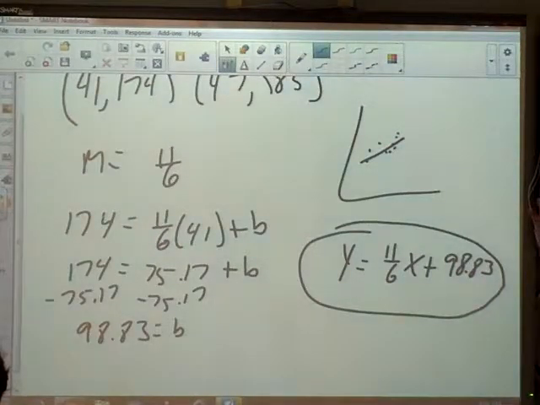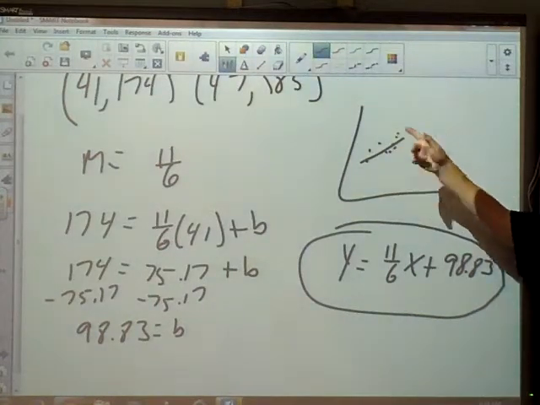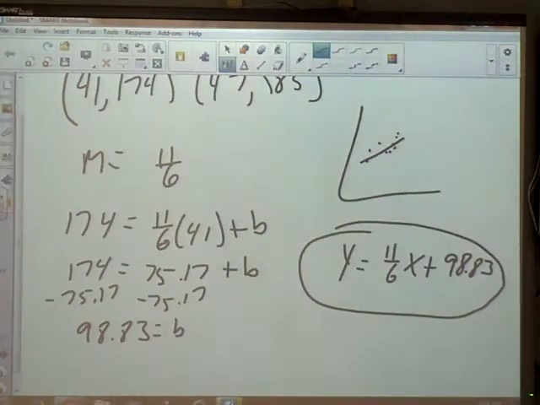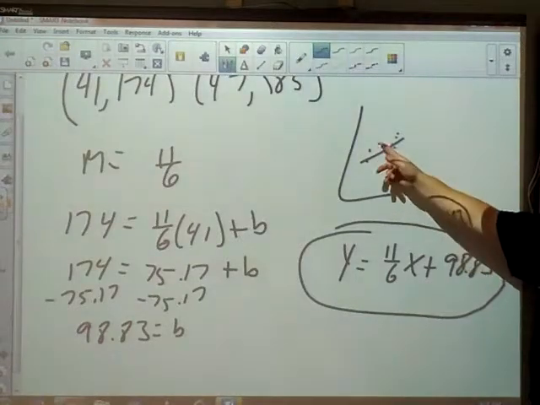Why does that happen? Why do you have some stuff sometimes that wouldn't hit on your line of best fit? Why did we have some points that aren't exactly on our line of best fit?